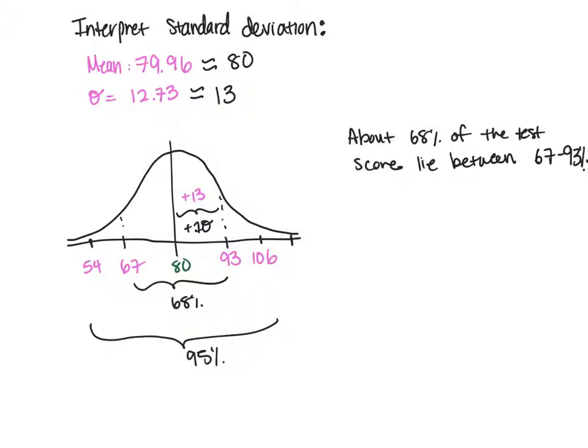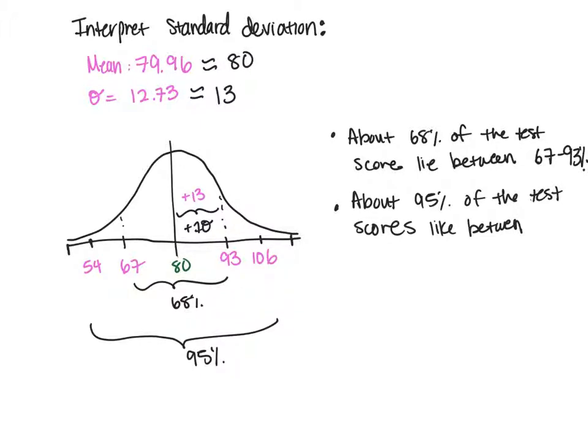And then last but not least, we're going to calculate the 3rd standard deviation, but I'll just write here, this one's part 1, part 2, about 95% of the students, oh sorry, not students, test scores lie between 54 to 106.